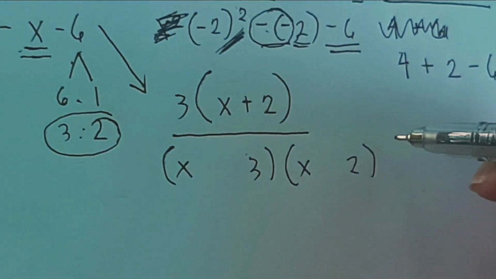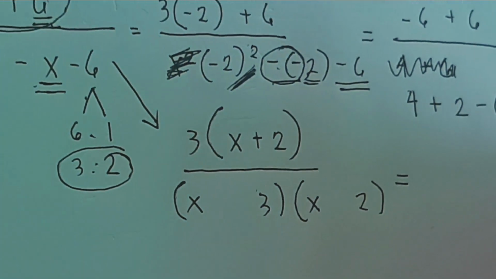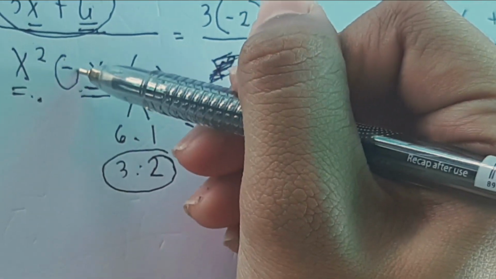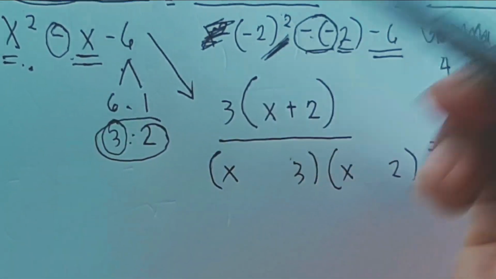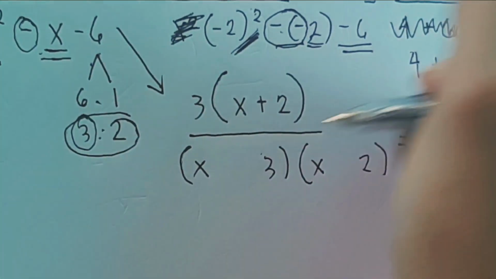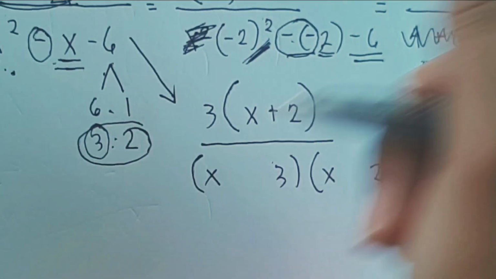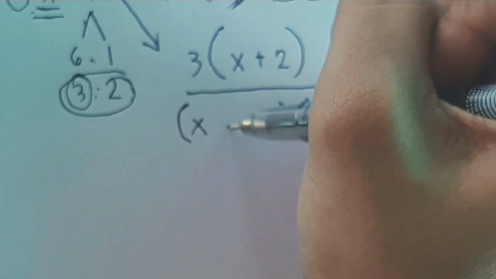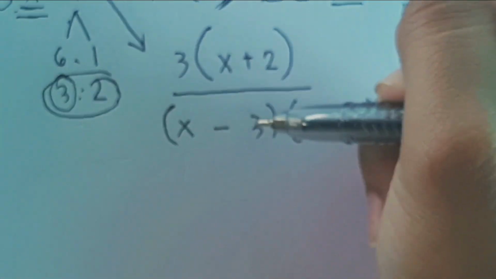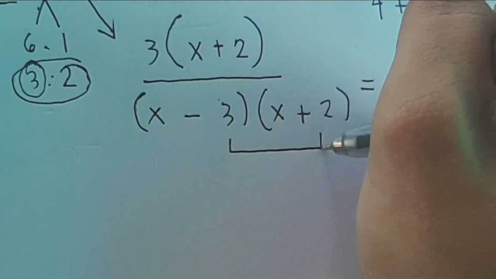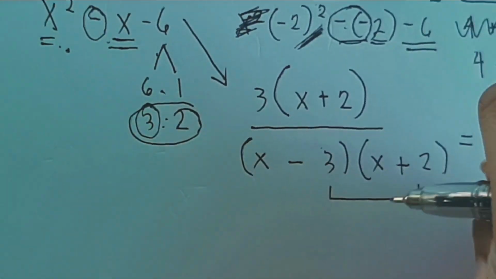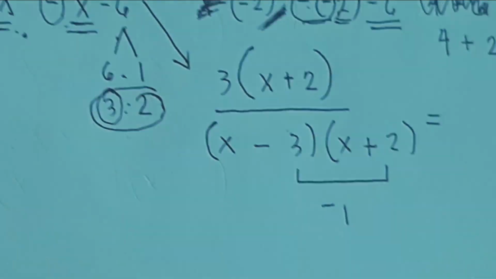We're going to put this negative sign on the bigger or larger number, which is the 3. So, we're going to put the negative sign on 3 because it's bigger. Yes. After that, the next one will be positive, so that if we solve this, it will become negative 1.